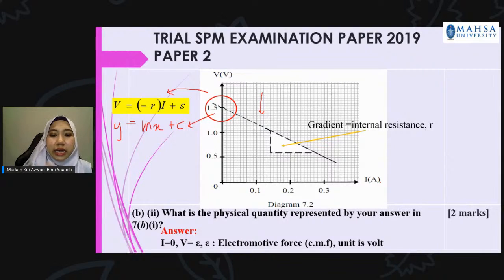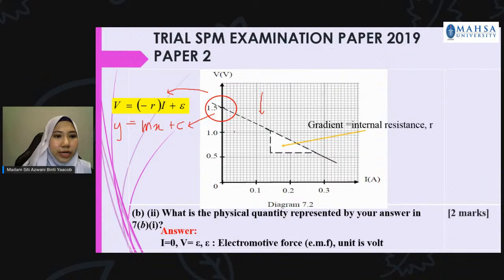So this is a concept that you need to understand. If you have a graph of voltage versus current, extend the line and the intercept value is equal to the electromotive force, the value of your battery, and from the gradient you can get the value of your internal resistance.